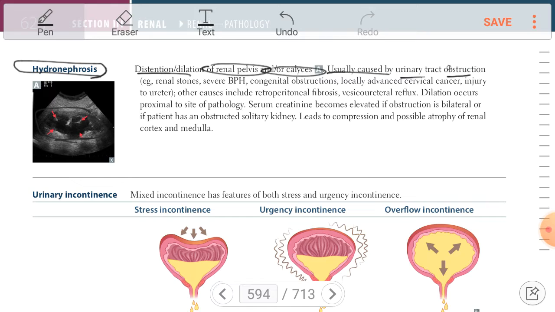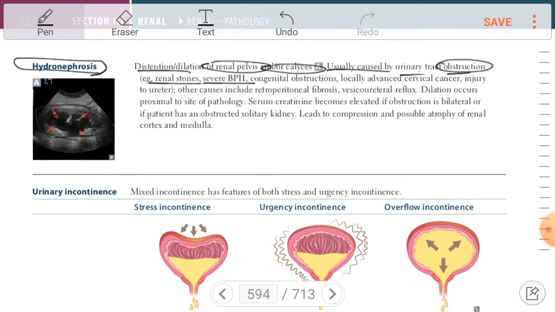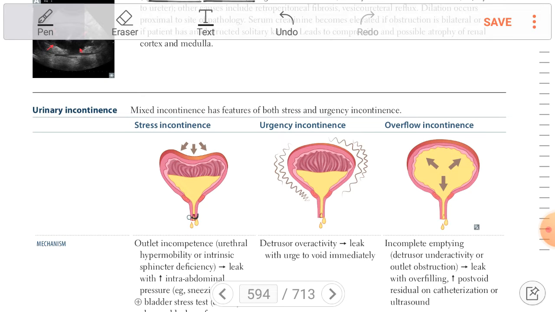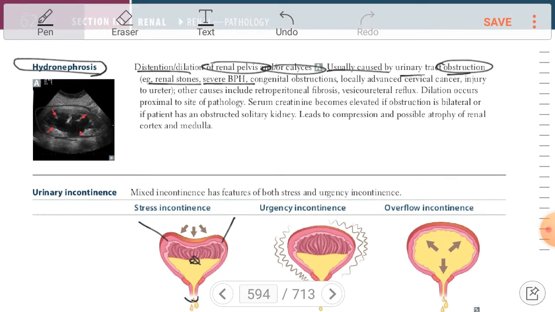Urinary tract obstruction. So there is obstruction of the urinary tract by what? By the renal stone, or severe benign prostatic hyperplasia. There is benign prostatic hyperplasia leading to accumulation of urine inside the urinary bladder, leading to accumulation in both ureters, right ureter and left ureter, leading to bilateral hydronephrosis.